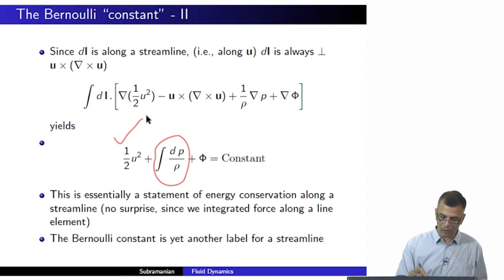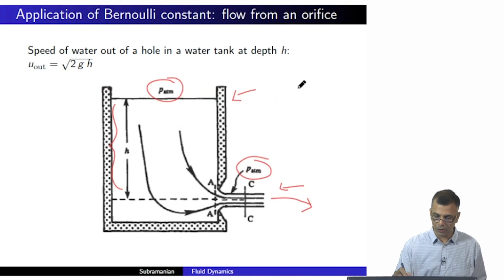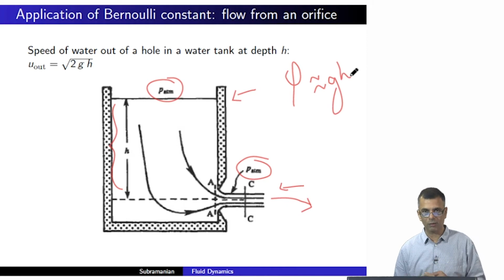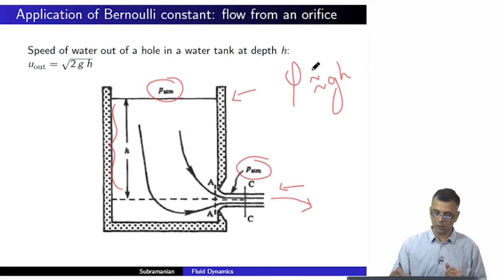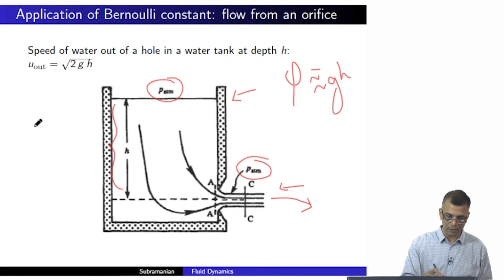Only this and this matter. And what is phi? In this case, phi is simply something like gh, where g is the local acceleration due to gravity. So you have phi equals gh. Let me write this again.